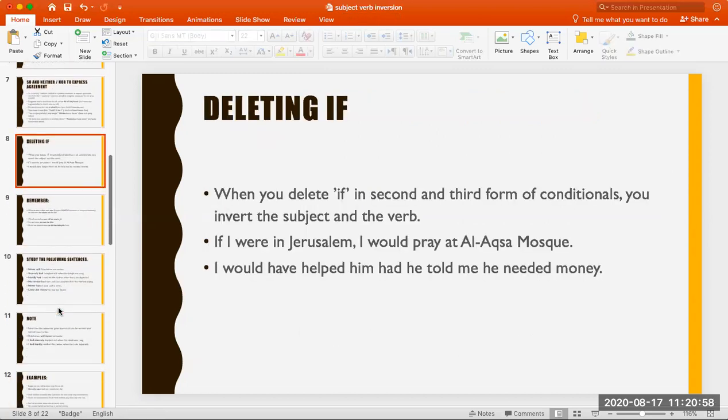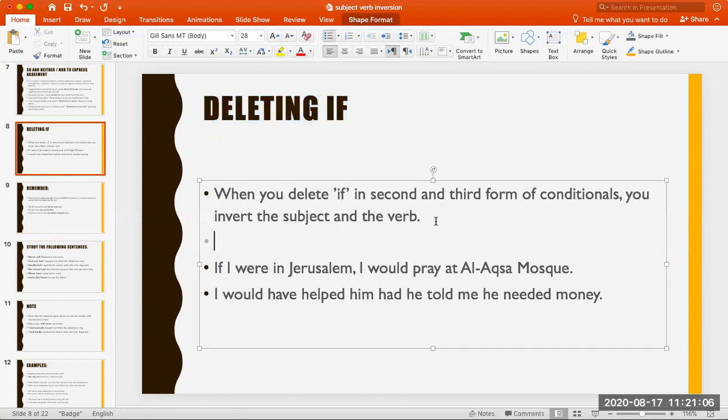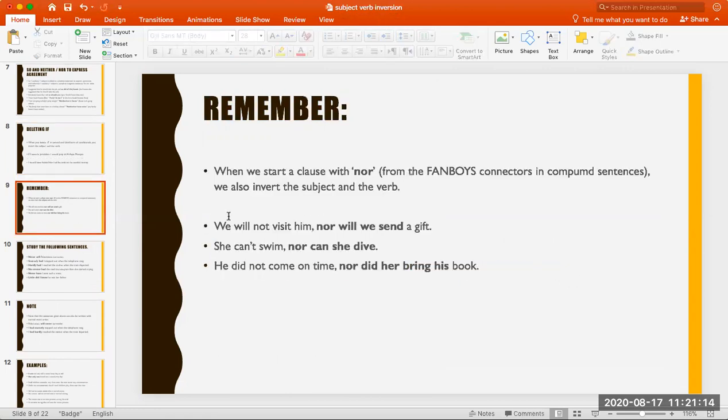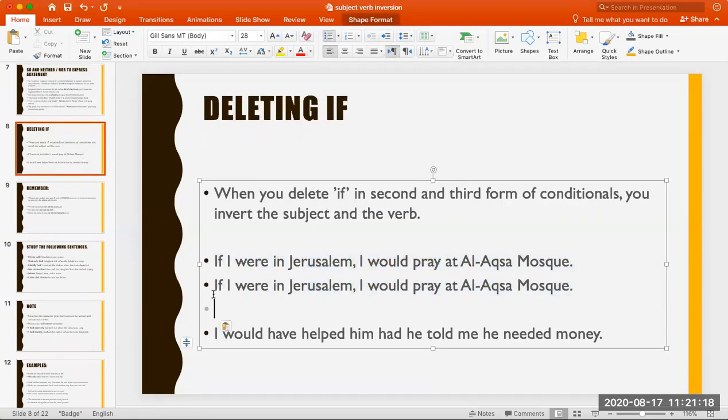We'll talk about this later on, but when you delete if in the second and the third forms of the conditionals, you also invert the subject and the verb. Look at this first sentence. If I were in Jerusalem, I would pray at Al-Aqsa Mosque. If you delete if, this is important, you create two simple sentences connected with a comma, which is wrong.